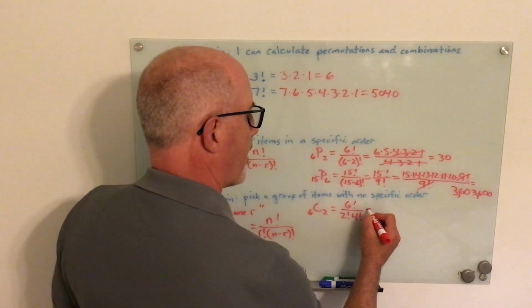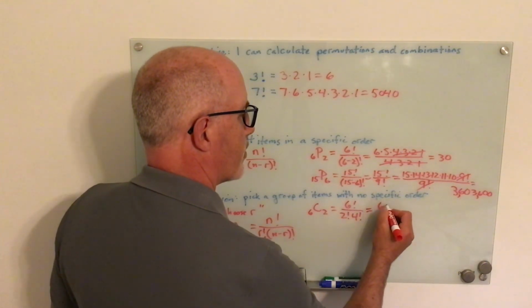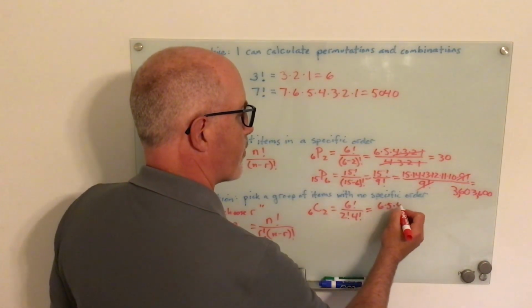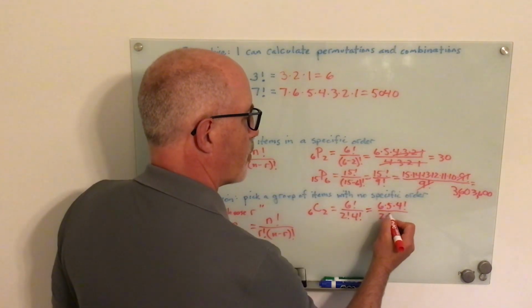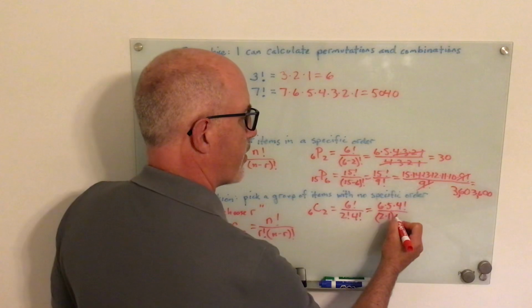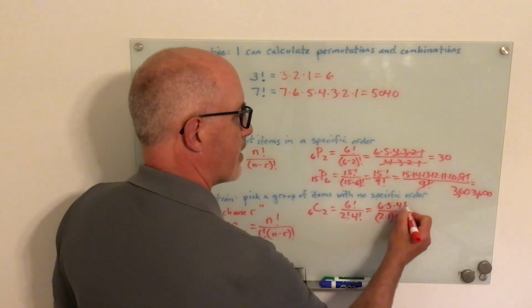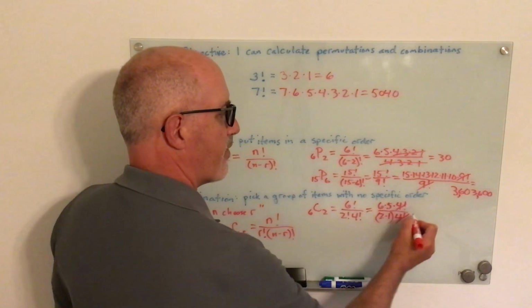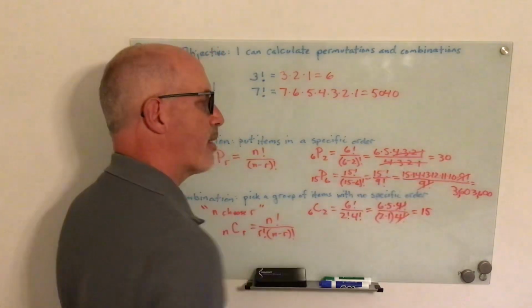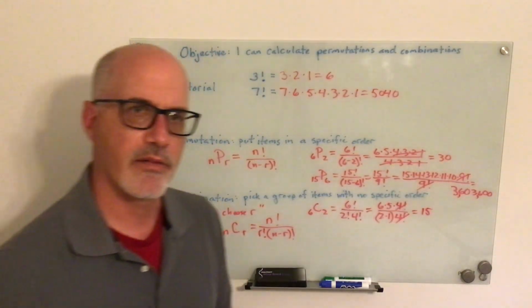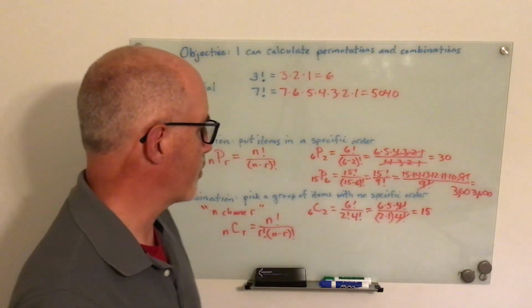And when you write that out, 6 factorial is 6 times 5 times 4 factorial over 2 times 1, which is 2 factorial, and then the 4 factorials will cancel. So 30 divided by 2 is going to give you 15. So a smaller number than that original one there for the choose notation.